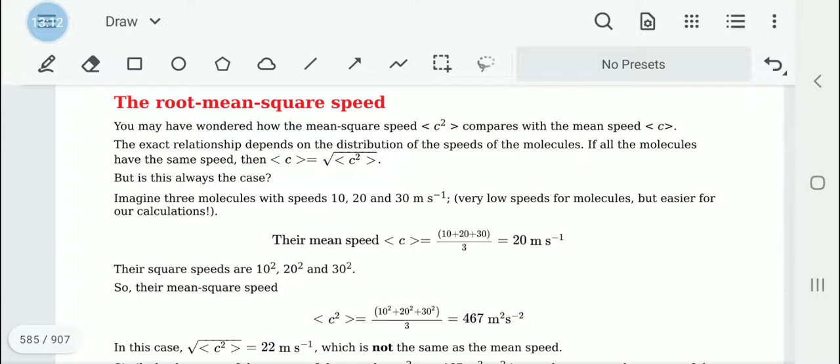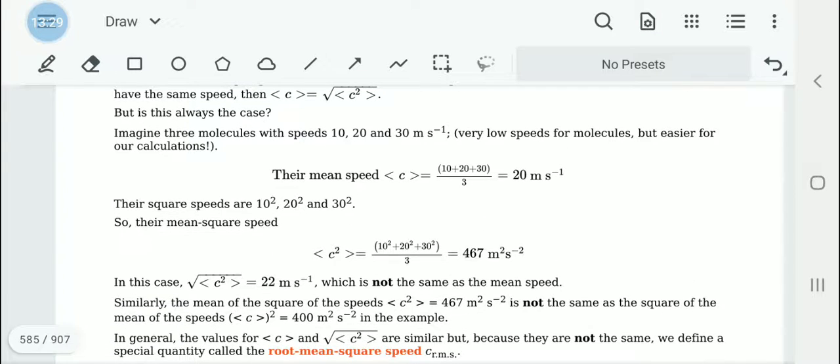Then their square speeds are 10 squared, 20 squared and 30 squared. So their mean square speed is equal to 10 squared plus 20 squared plus 30 squared divided by 3. I hope you understood that, right? Then we get 467 meters squared per second squared.